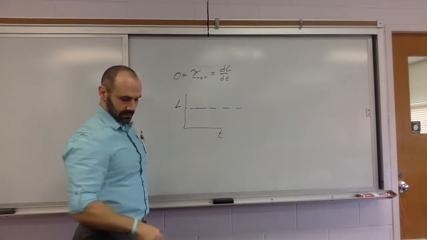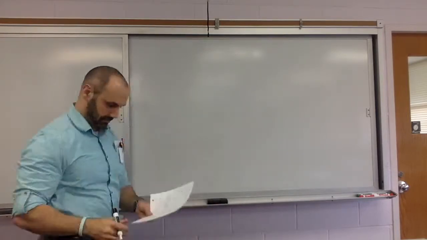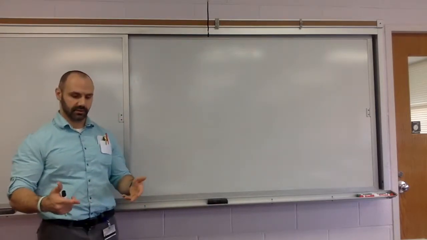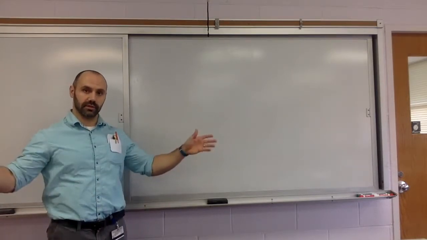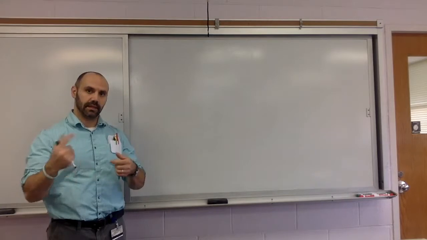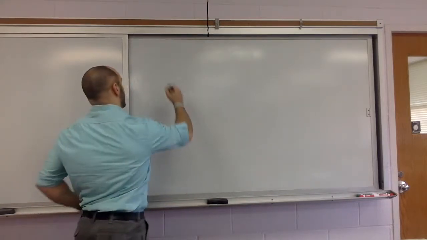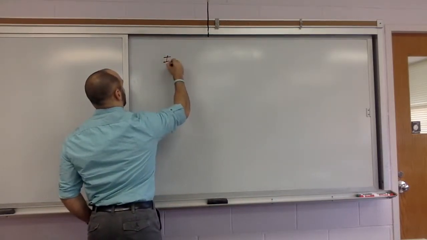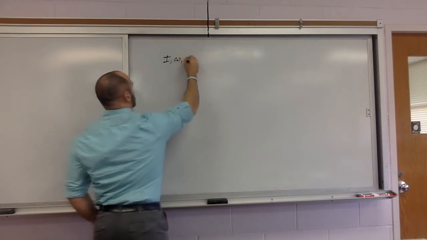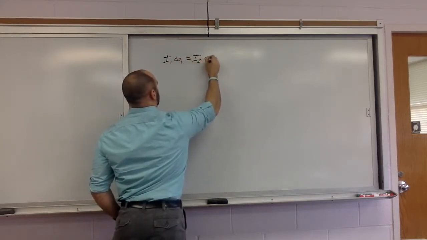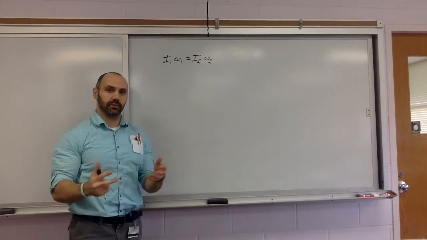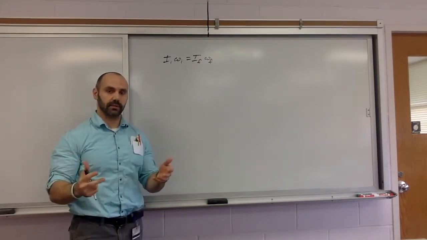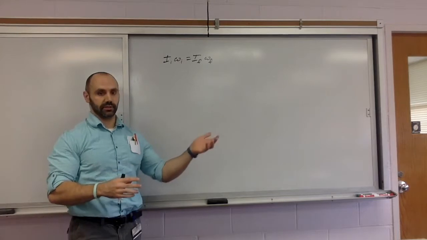And let's take a look at some examples. In example 5, we see this person sitting in a spinny chair holding these weights, and he's spinning slowly, pulls it in, and then he speeds up. So what we have here is I initial omega initial equals I final omega final. He's changing his moment of inertia, right? He's moving the weights, and therefore he's changing the velocity.